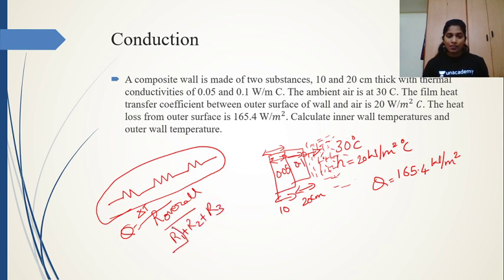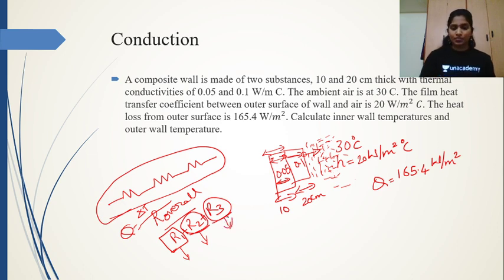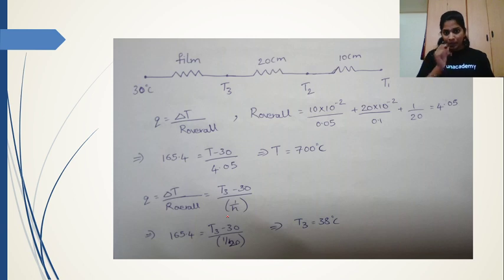R1 is the resistance due to conduction in the first slab, R2 is for the second one, and R3 is the resistance due to convection. For convection it will be 1 by HA, and for conduction it will be X by KA.